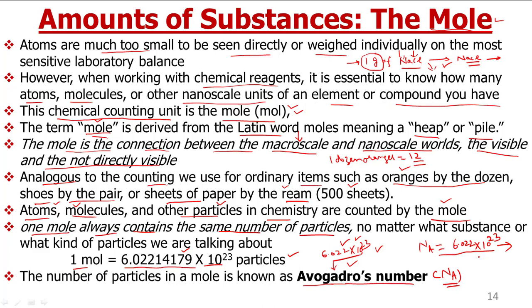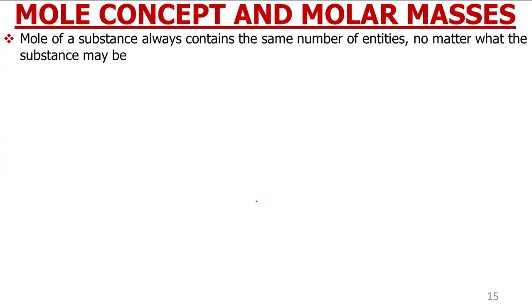This 1 mole or Avogadro number will always correspond to the same number of entities or particles, irrespective of their nature. 1 mole always means 6.022 into 10 raised to the power 23 particles, and a mole of a substance, as we have already stated in our previous slide, always contains the same number of entities, no matter what the substances may be.